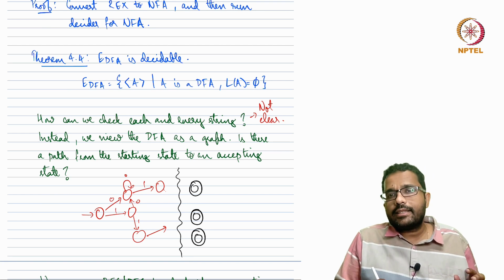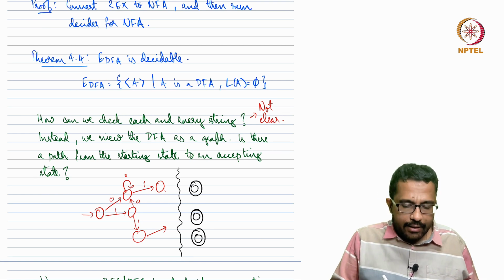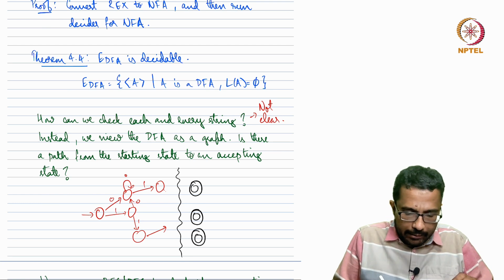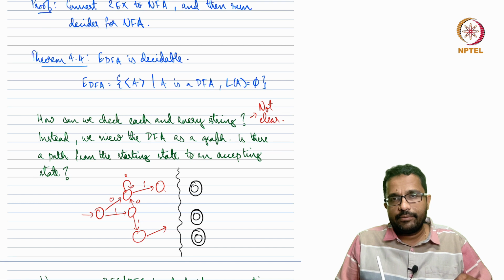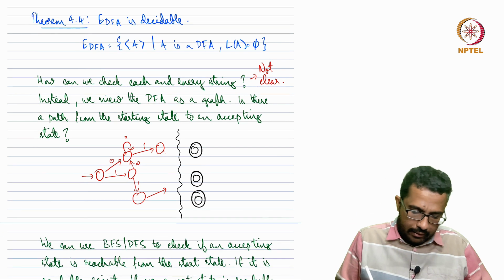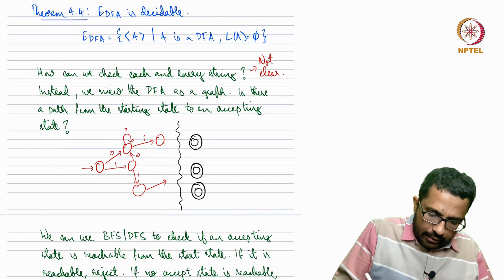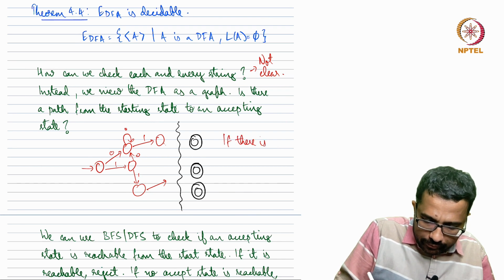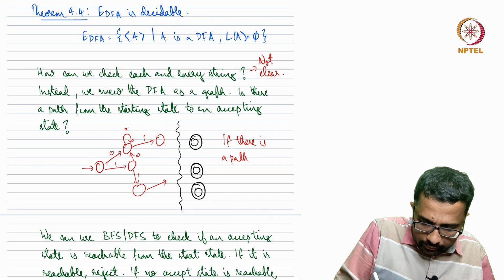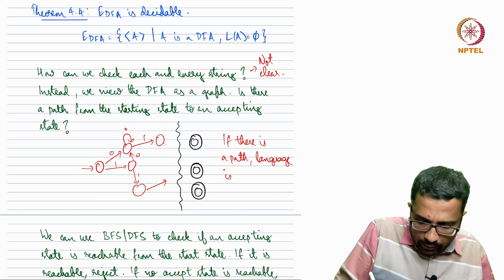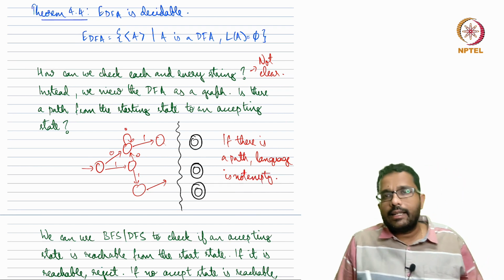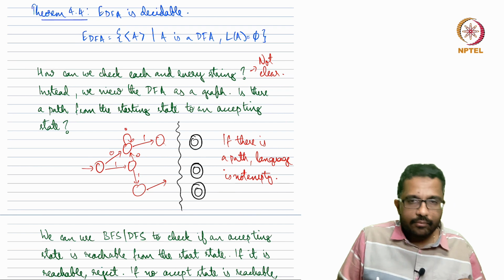So basically we are just asking, from the start state, is there some directed path that goes to the accepting state? If there is a path, the language is not empty. If there is no path, the language is empty.